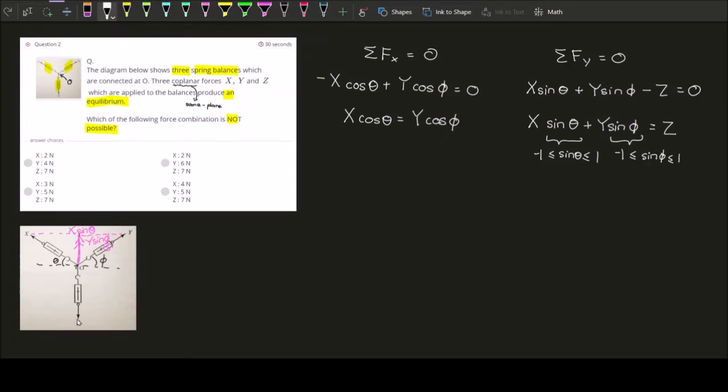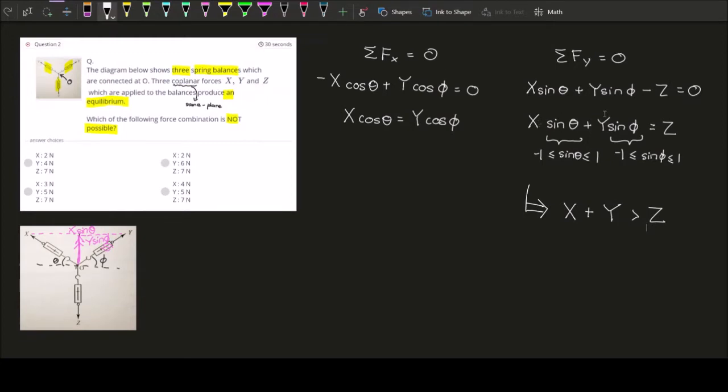Okay, so if this is the case, you will see that x and y will have to be greater than z actually. From here we can make an inference that x plus y must be greater than z, or else this equation can't be built.